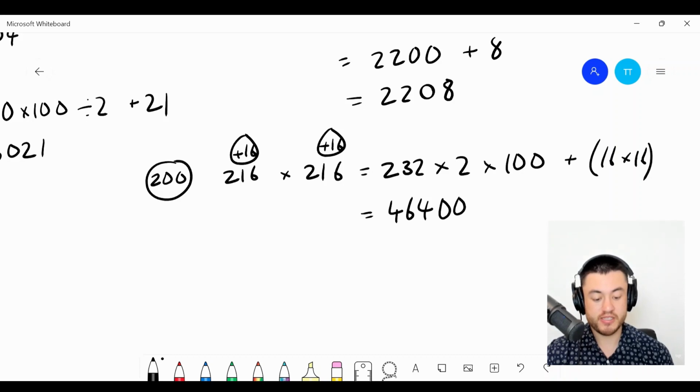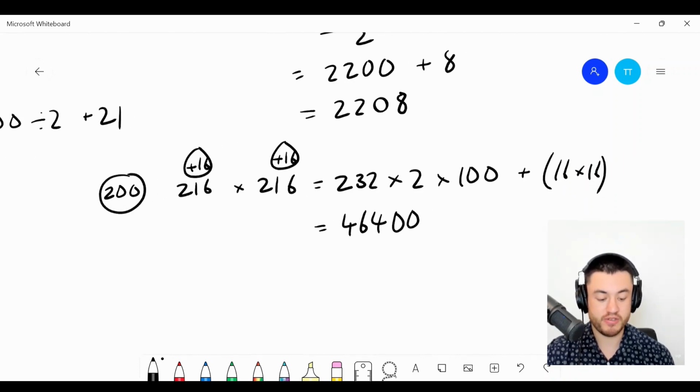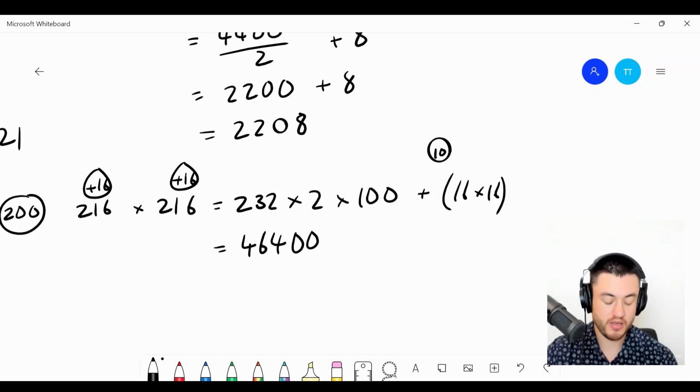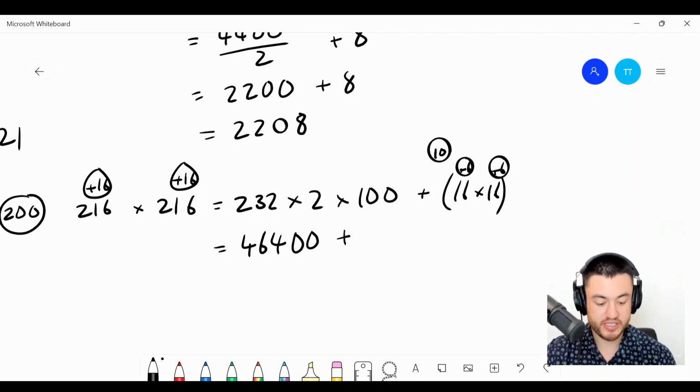Now 16 times 16, again, you can employ 10 as a reference number. So this is like an integrated reference amongst a larger reference number. So here we would use 10 as a reference, and hopefully the idea of using this is becoming more familiar and you won't have to actually write it out fully. So you would have a plus 6 plus 6. All right, so whichever way you add, you're going to get 22 times 10.